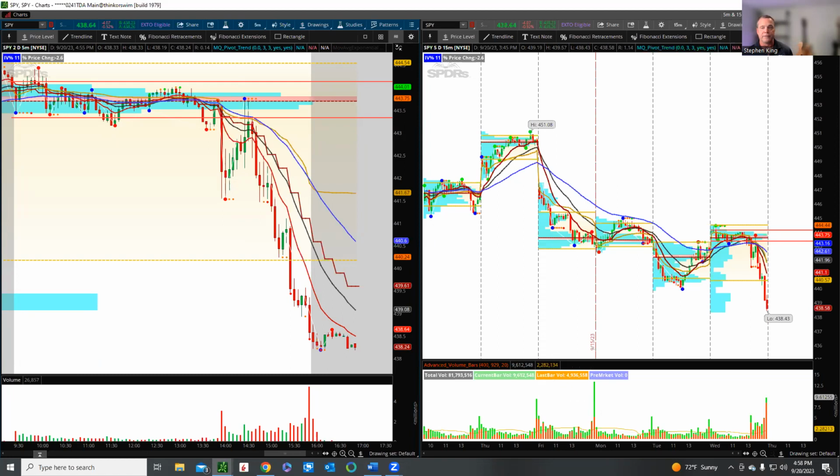Yeah, it is. It's one thing to look at the volume here, but it's another thing to look at it over here and really understand, get just a visual of what the buying and the selling was on this.